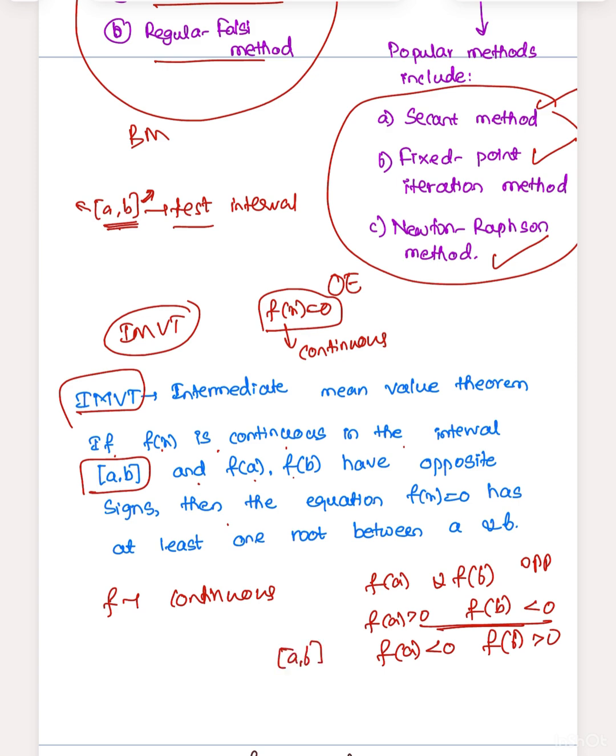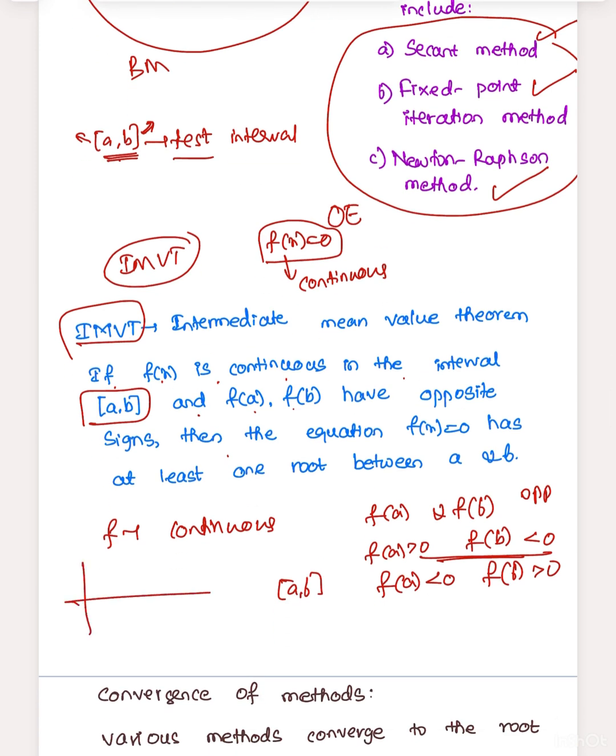So f may look like this. Here this is a, f(a), this is b, f(b). You can observe f is continuous and f(a) and f(b) have opposite signs: f(a) is greater than 0 and f(b) is less than 0. Then there is at least one root between the points a and b.